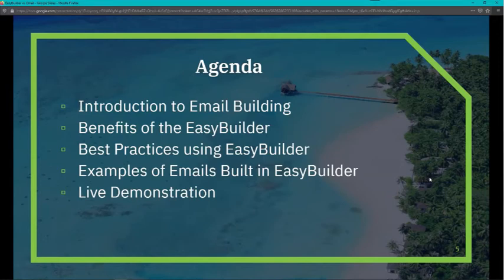And then also have examples of emails that have been built in EasyBuilder, just to give you some context of what you're able to do with these emails created here. I'll finish this section up with a demonstration of using the EasyBuilder so that we can dissect it in real time.